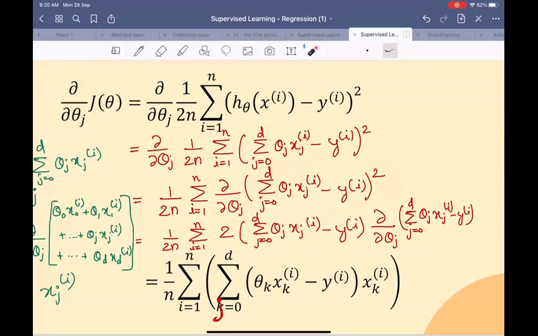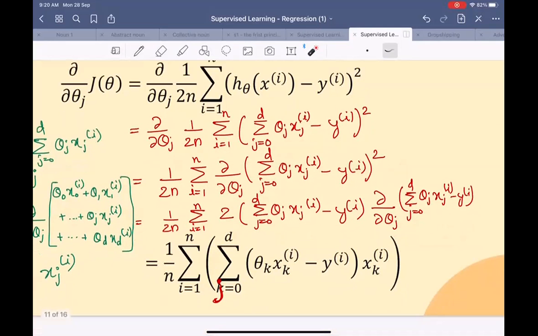If I have one term squared, its partial derivative will be 2 times that same term, and the chain rule tells us that we then have to multiply by the derivative of the internal term. So this 2 comes here, we get the same term with power 2 minus 1, which is just raised to 1, and then the partial derivative of this internal term.